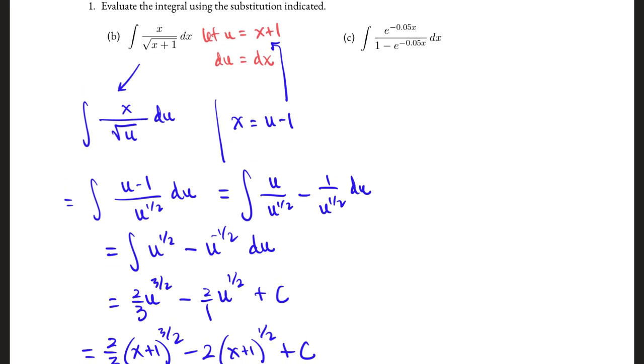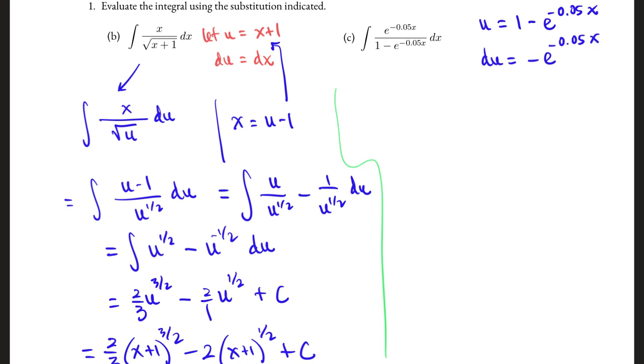For the second problem, we will let u be the denominator, the entire denominator. And so u equals 1 minus e to the negative 0.05x. Then du equals negative e to the negative 0.05x times negative 0.05, don't forget dx.